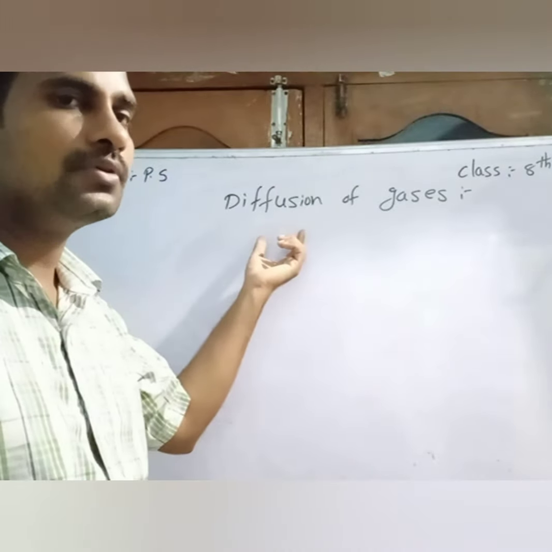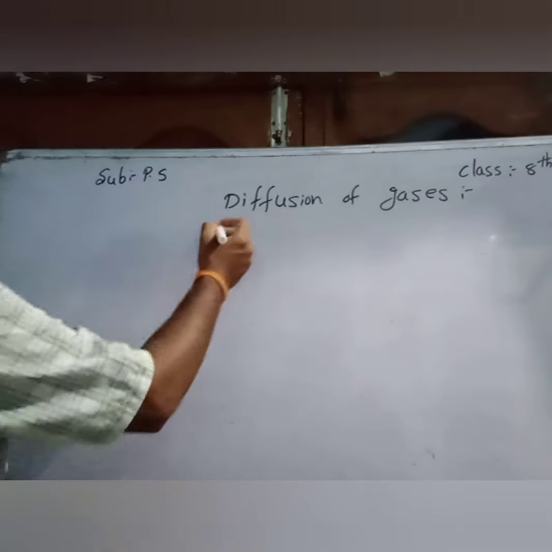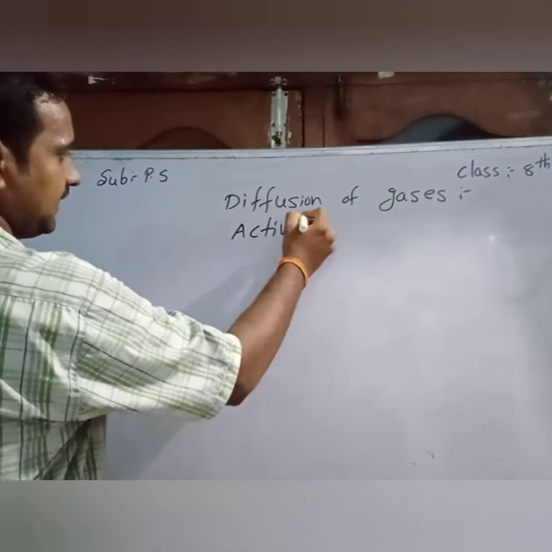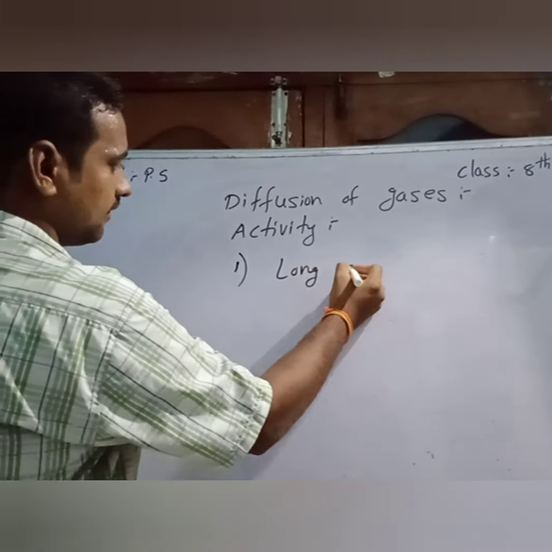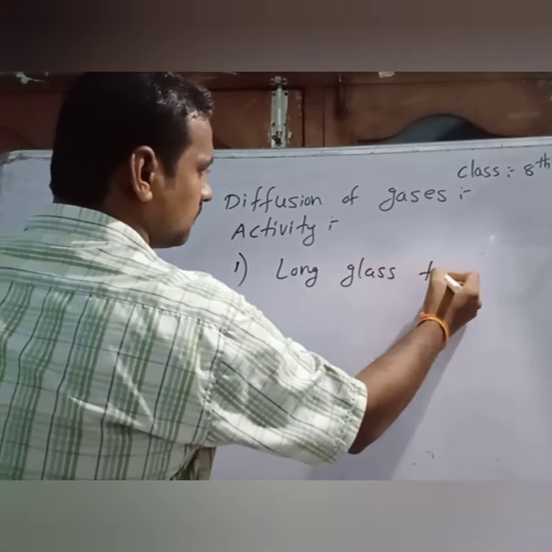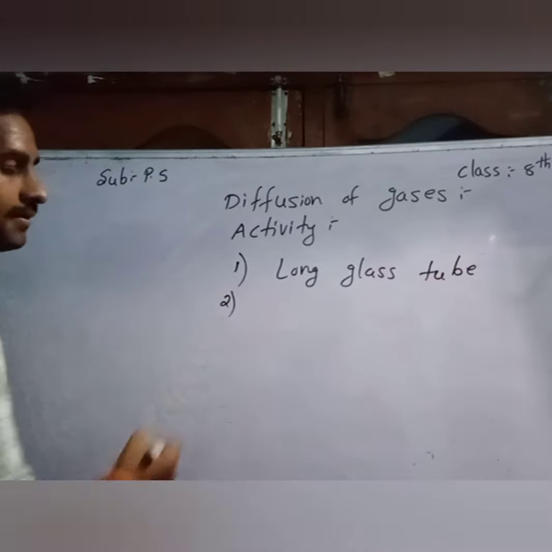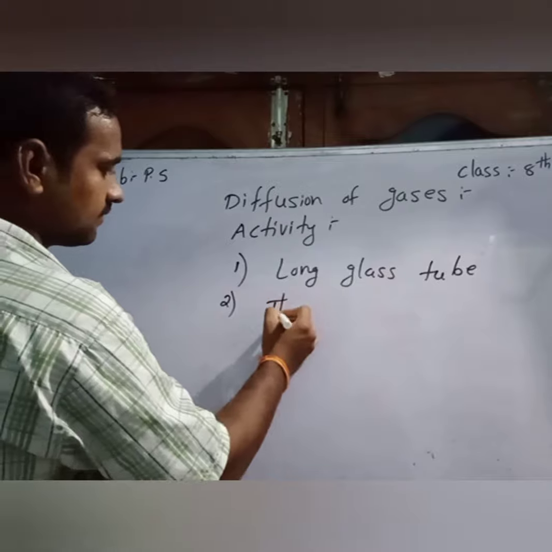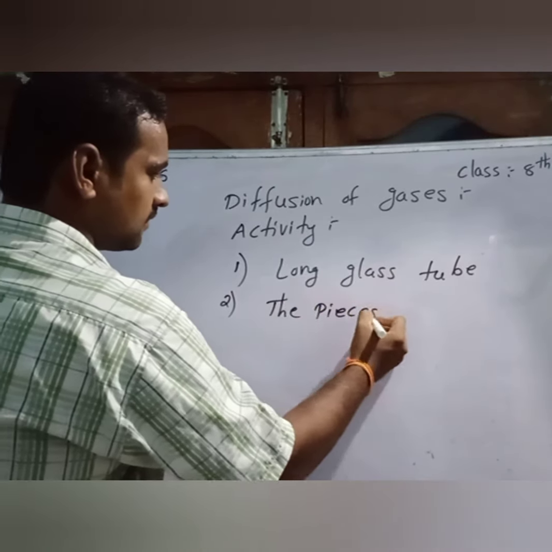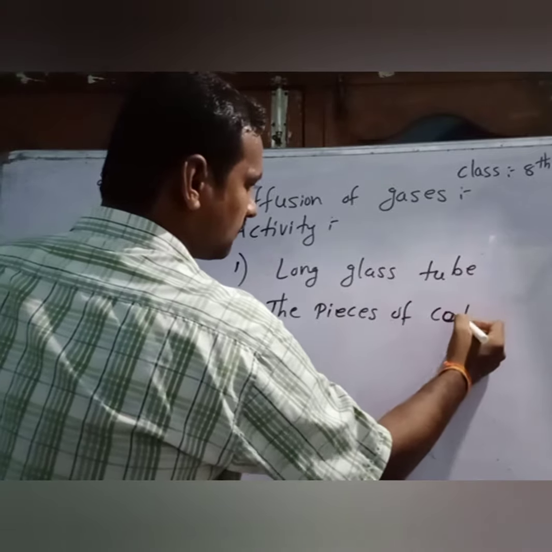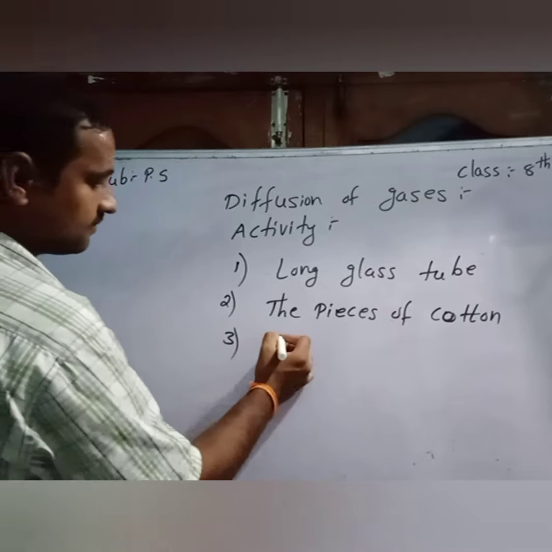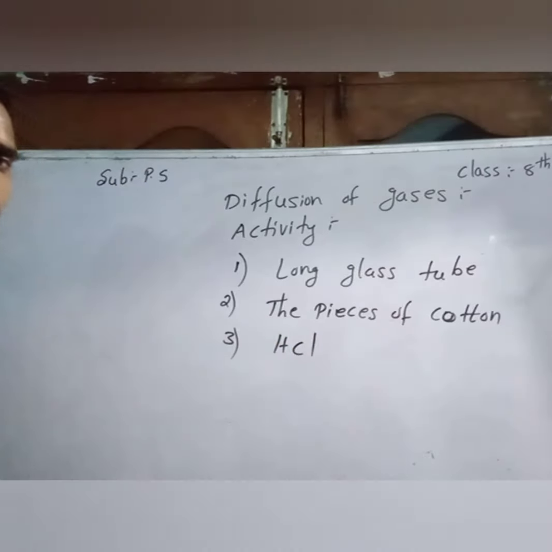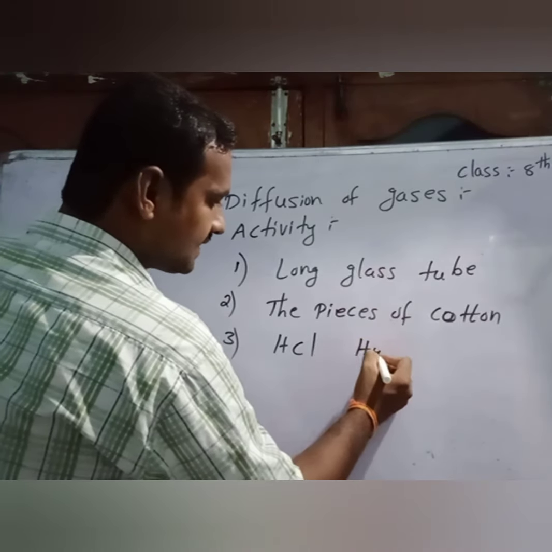Clear? So now I explain one small activity. In this activity, what are the materials required? First one is a long glass tube, and second one, the pieces of cotton, and third one, hydrochloric acid, formula HCl.